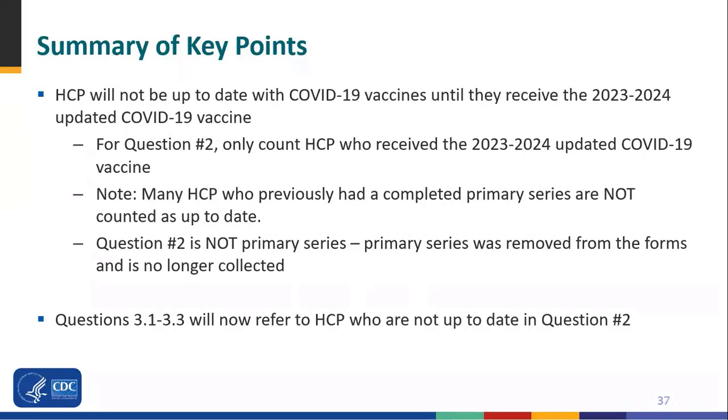Let's briefly review the key points again. For question number 2, only count healthcare personnel who received the 2023-24 updated COVID-19 vaccine. Please note that many healthcare personnel who previously completed their primary series are not counted as up to date.